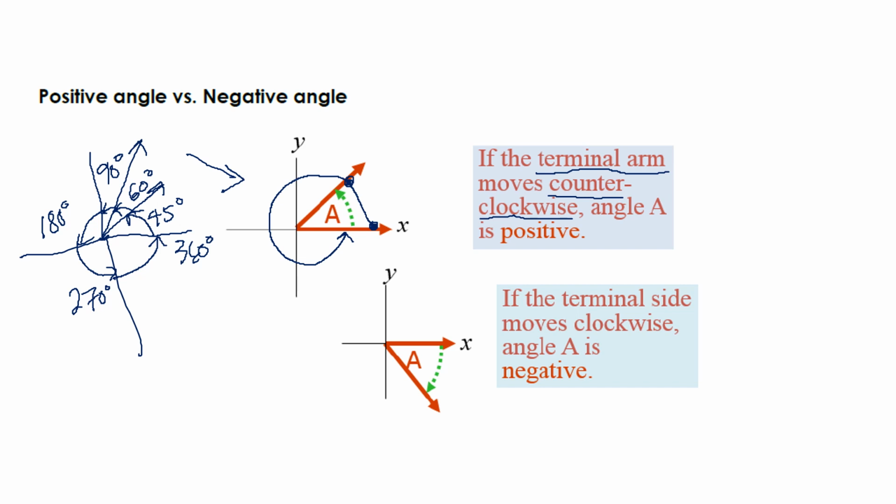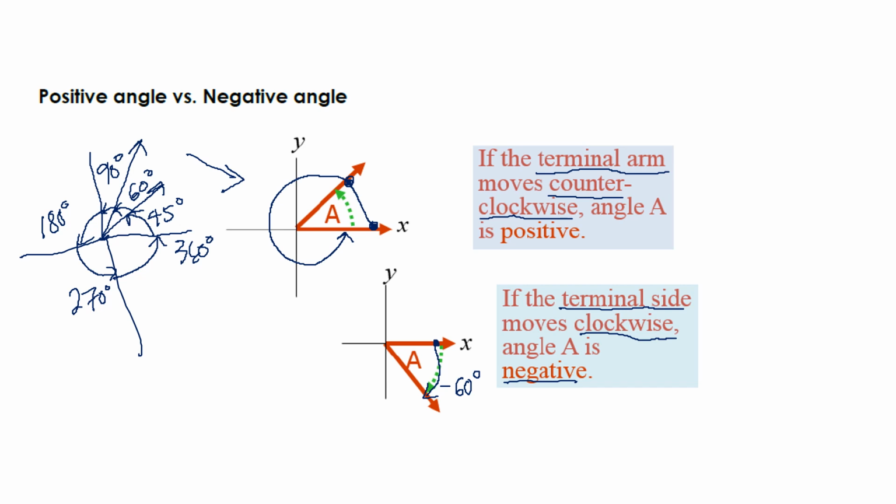Now, how do we know if the angle is negative? If the terminal side moves clockwise, then the angle is negative. In this case, the terminal side moves from the initial side clockwise, like that. So this becomes negative. Let's simply estimate. Because it moves clockwise, this becomes, say for example, negative 60 degrees.